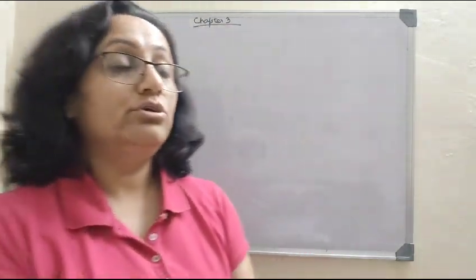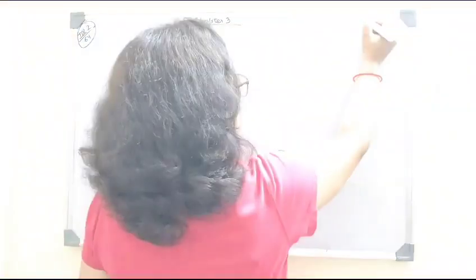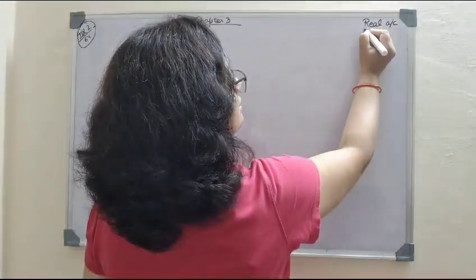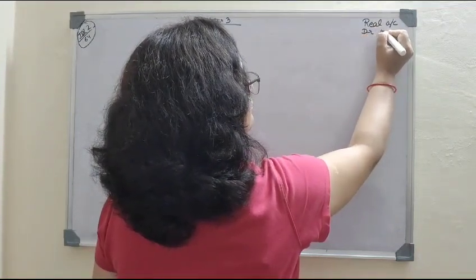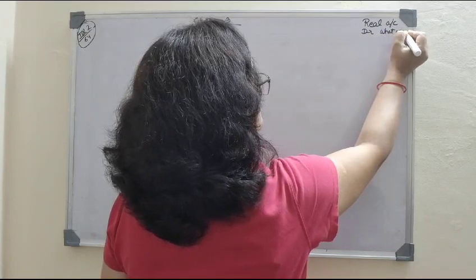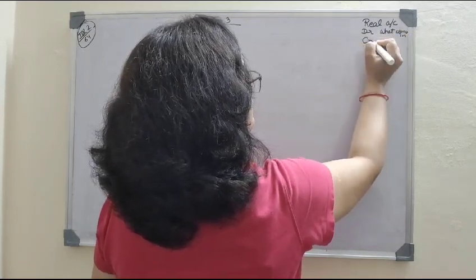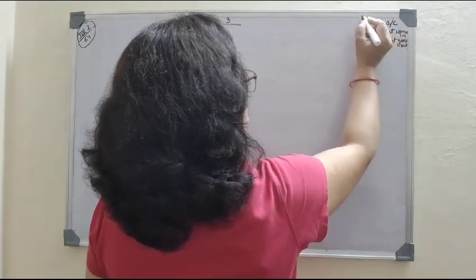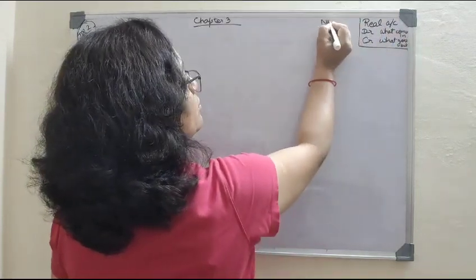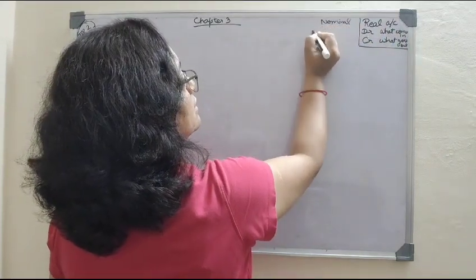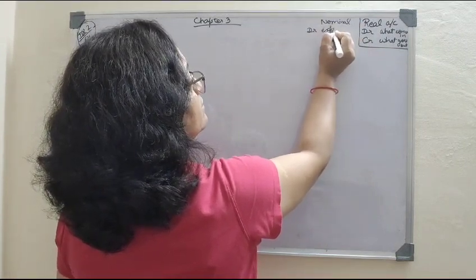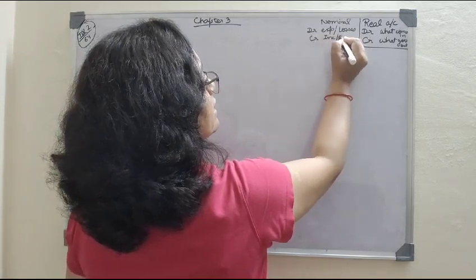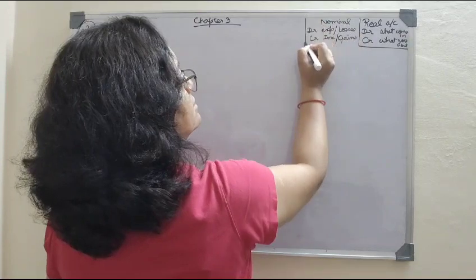So journal entries, I told you there are 3 golden rules of journal entry. One is a real account, and real account is debit what comes in, credit what goes out. This is real account. Nominal is debit expenses and losses, credit incomes and gains, right?